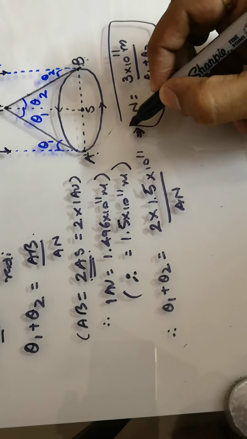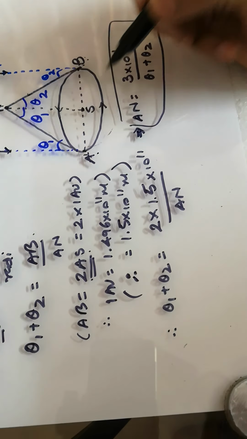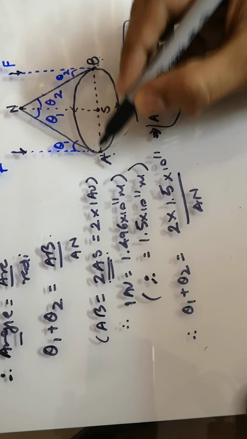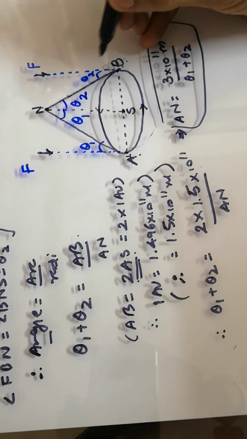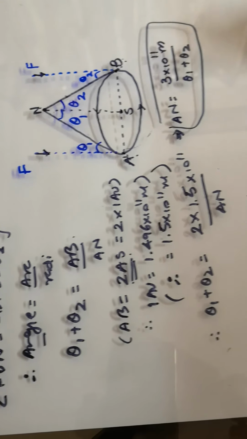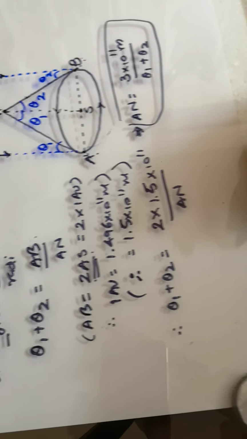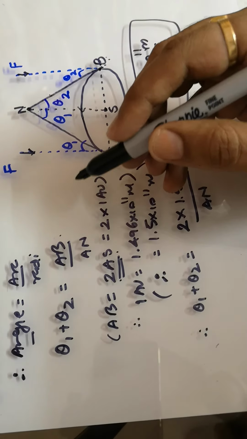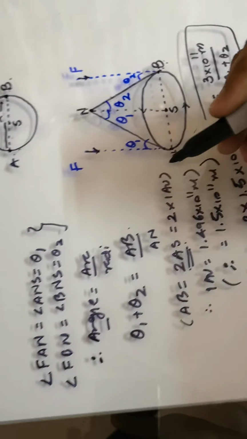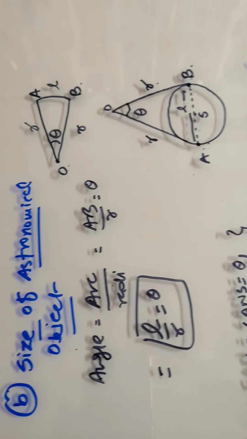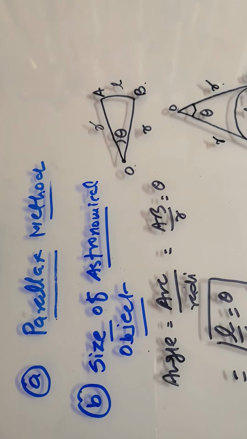I will be in a position to find the distances from points A to the moon and from B to N. So this is the primary arrangement, the practical arrangement using the parallax method and the size of astronomical objects.